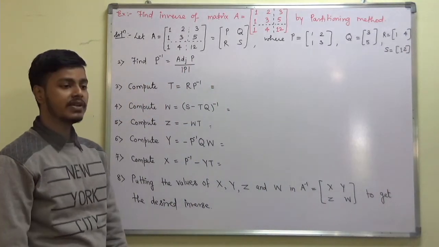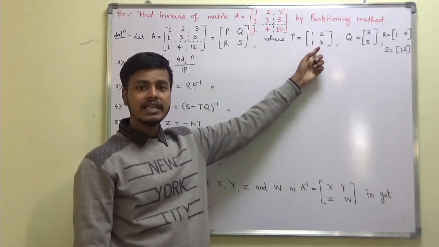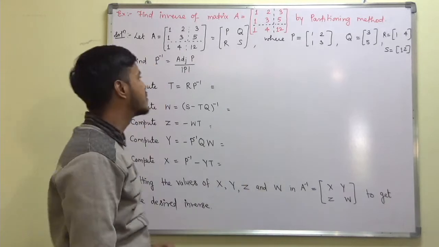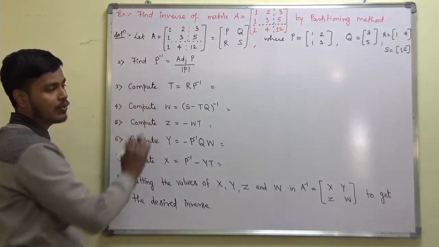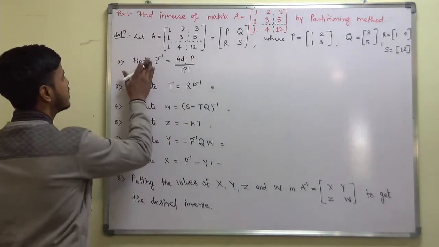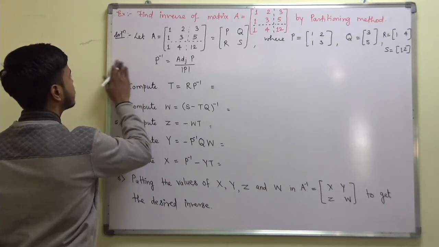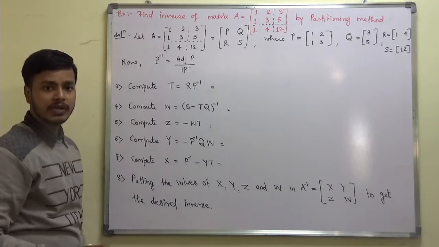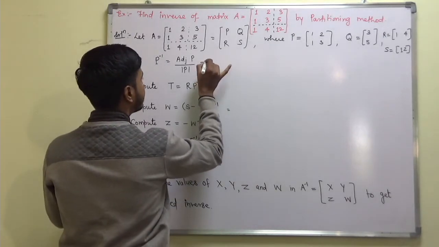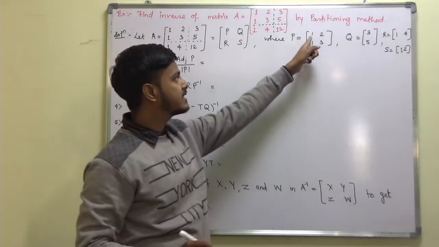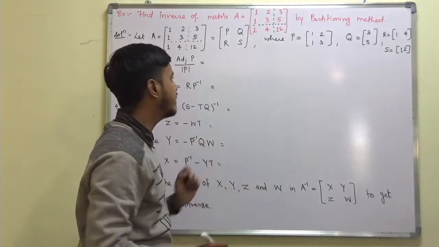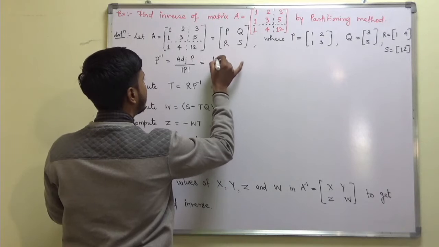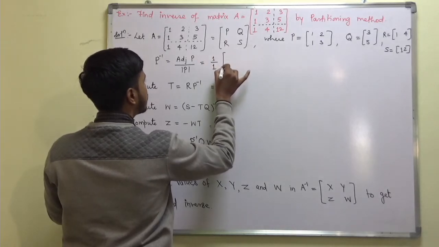Now as you can see, this matrix P is non-singular because its determinant is not 0. So I can directly find out the P inverse. P inverse is equal to 1 upon the determinant, which is 3 minus 2, that's 1, into the adjoint.